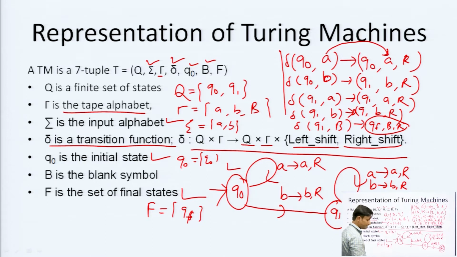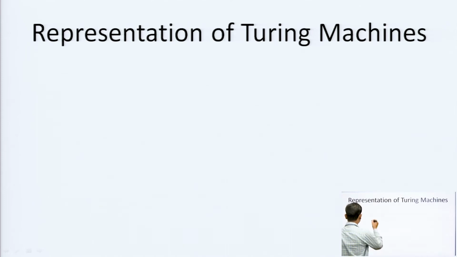If you want to check it, you have to take an input alphabet. So I will take a tape and keep some symbols there. We will go to the next page and I will show you how this is working. So we have drawn the diagram.